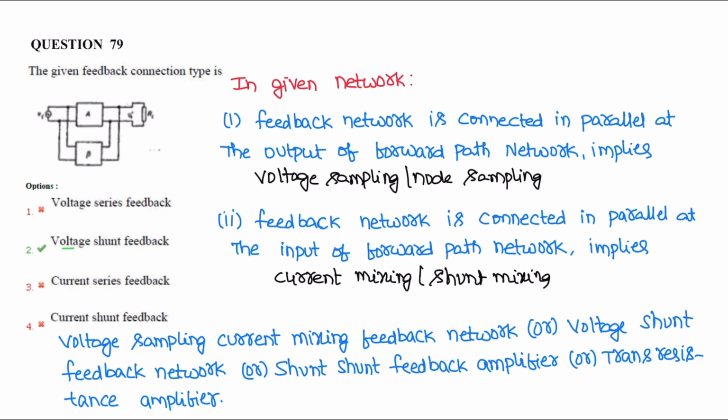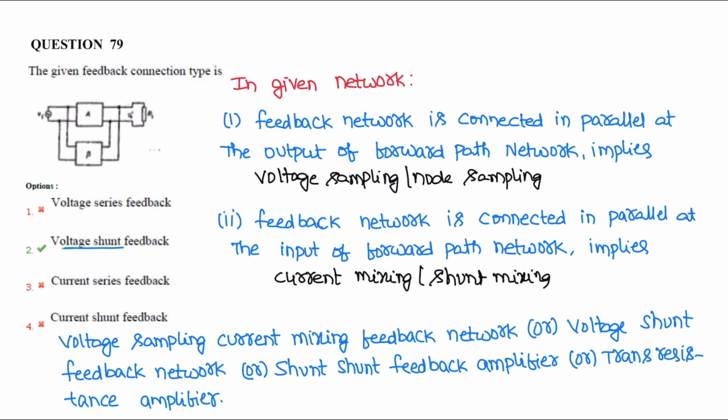So this is voltage sampling current mixing feedback network or voltage shunt feedback network, shunt feedback amplifier or transresistance amplifier. Therefore the correct option is 2, voltage shunt feedback network, or transresistance amplifier or voltage sampling current mixing feedback network.